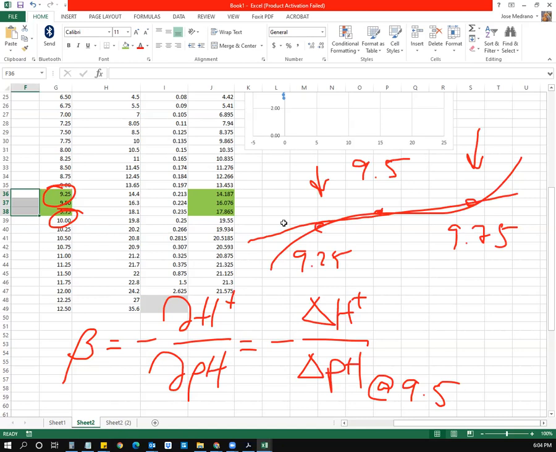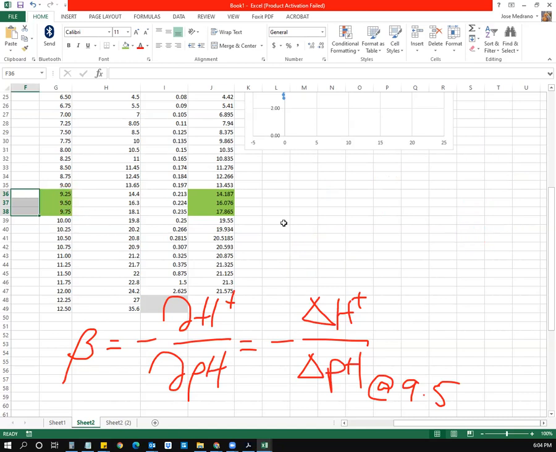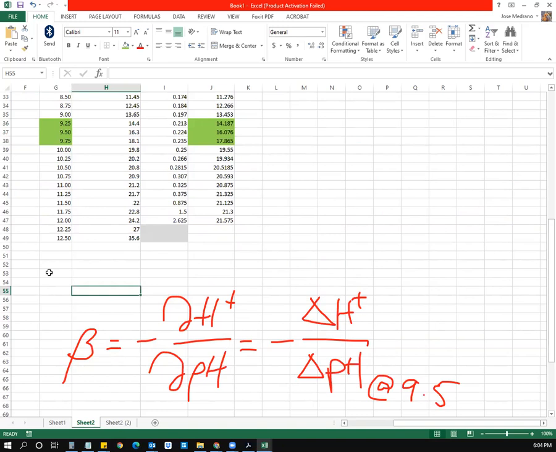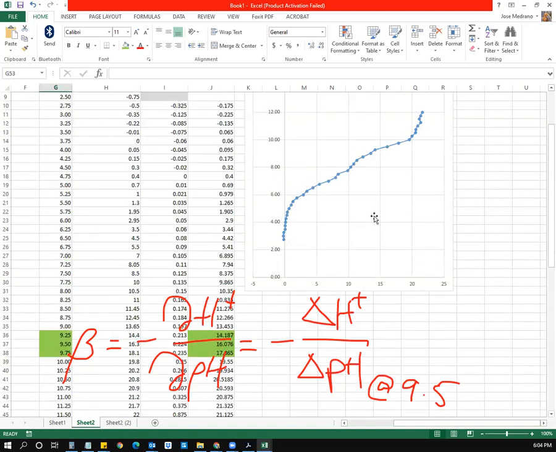So let me see. I want to only keep, I'll just erase everything else. Okay, I'll make it fit. Okay, so we need to identify the slope that we're going to be using around pH 9.5. I will move a little bit further down. Okay, great, perfect. And let's say that we're traveling in our titration curve from left to right.